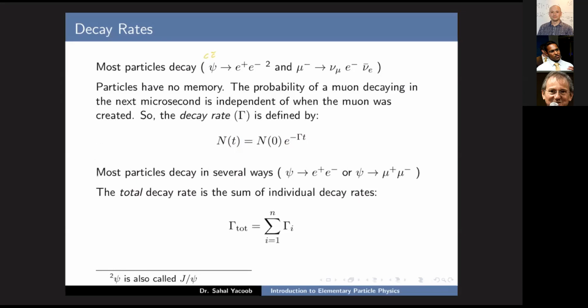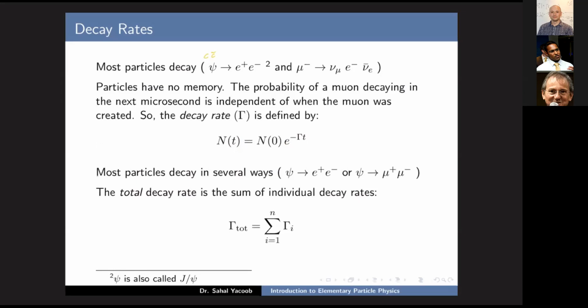Particles can decay in several ways. So here we have the J psi going to e plus e minus, or the J psi going to mu plus mu minus.